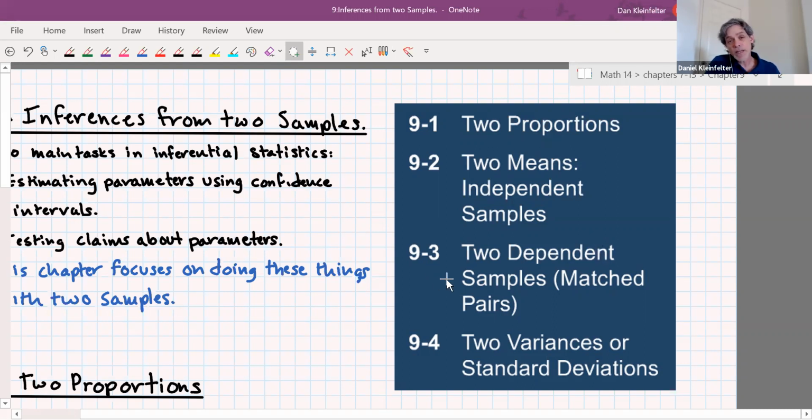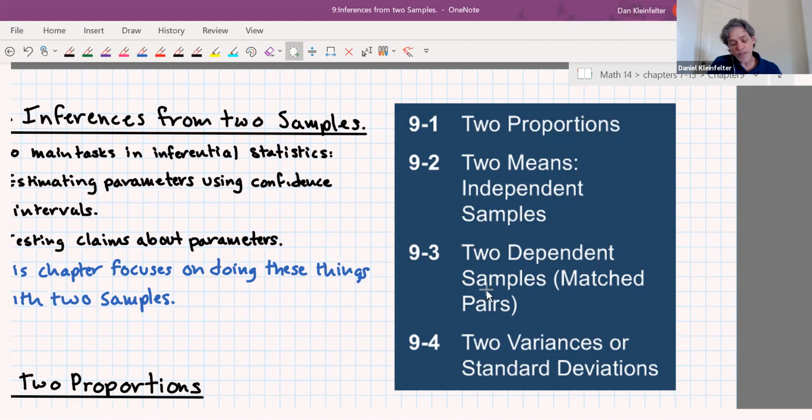A difference between 9.2 and 9.3 is that we're comparing matched pairs or dependent samples in 9.3. In 9.2, the two samples will be independent, like light bulbs from one factory and light bulbs from another factory, or wherever you work, employees on the day shift versus employees on the night shift.